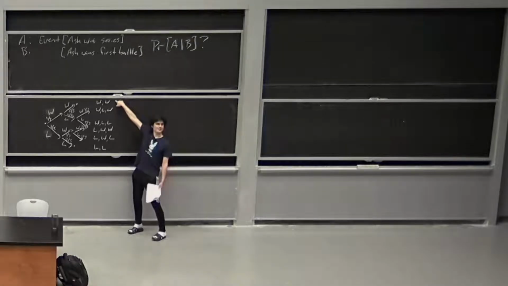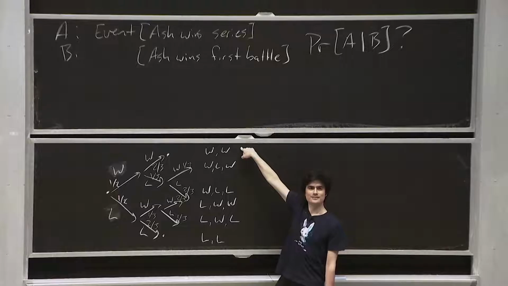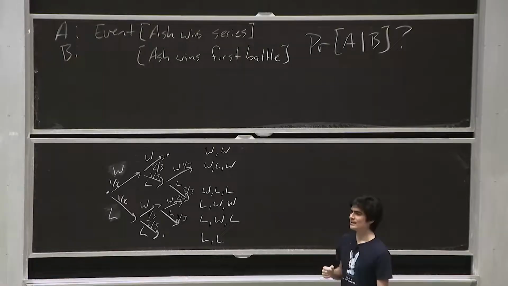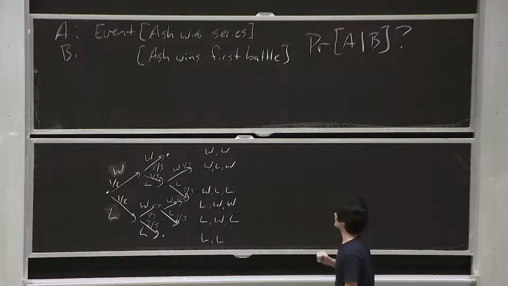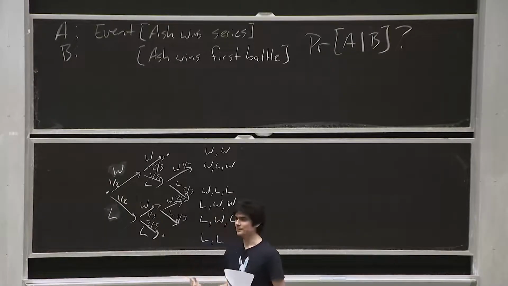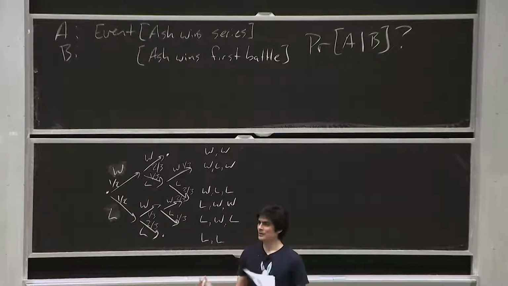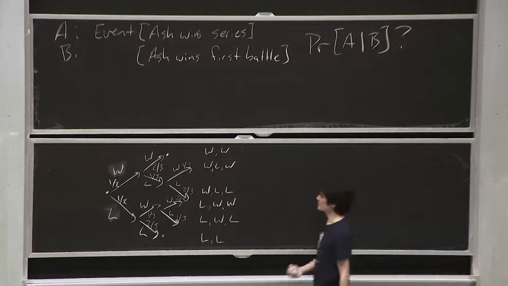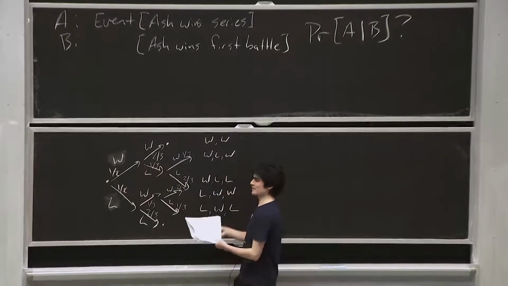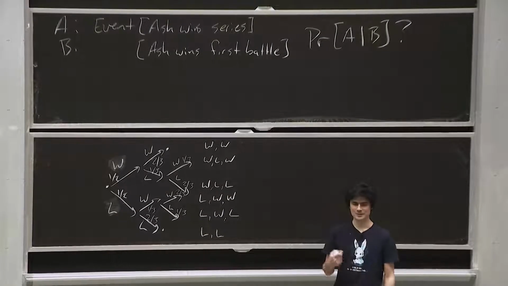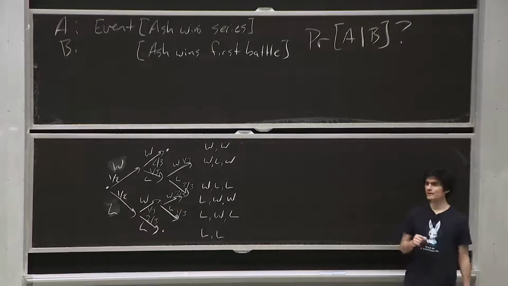How do we compute these probabilities? This was just what we assumed in the problem, right? If it's not the first game, you win with probability 2/3 if you won the last game, or with probability 1/3 if you lost the last game. So the first branch is 50-50, but the subsequent ones are going to be 2/3, 1/3 in one direction or the other, depending on the result of the previous game. Okay?